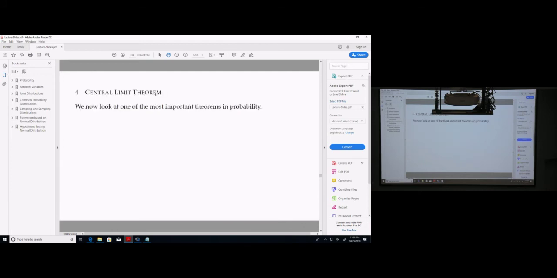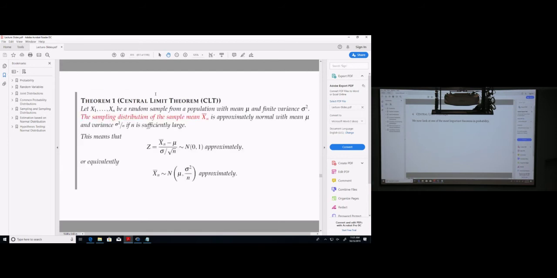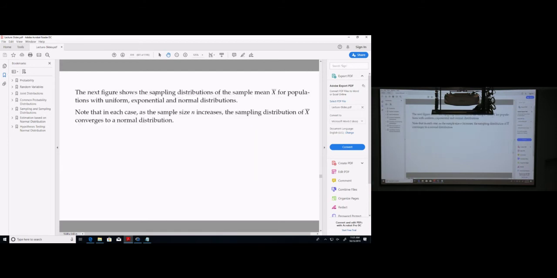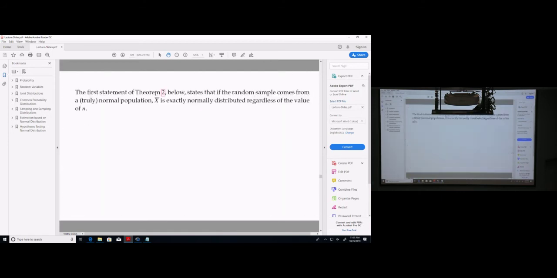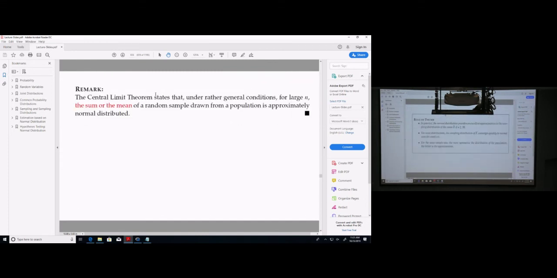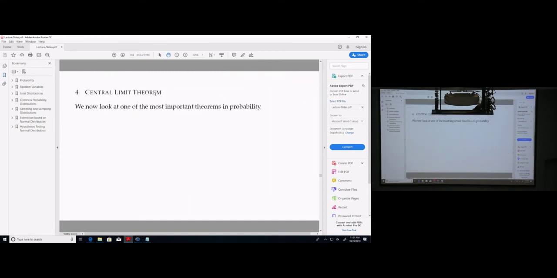Okay, central limit theorem. Let's just go through some of the qualitative part here, all right? I have mentioned that definitely this is one of the most important theorems in probability.